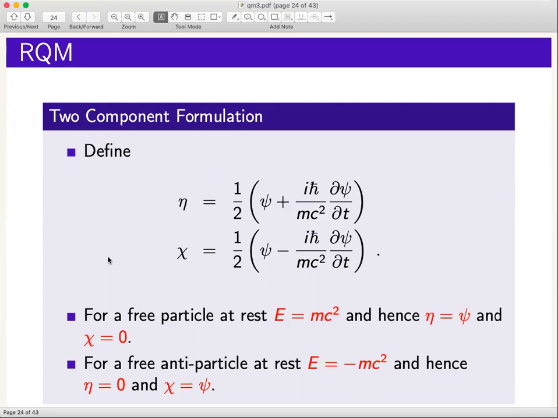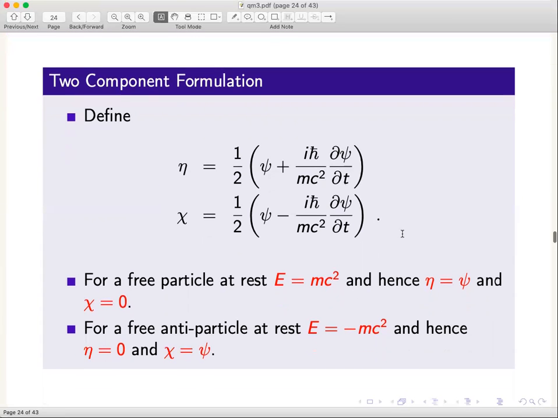So what we'll try to do here is to write down two new components, eta and chi, and they are linear combinations of psi and its time derivative. These are the two linear combinations: one is psi plus the time derivative, and the other one is psi minus the time derivative.